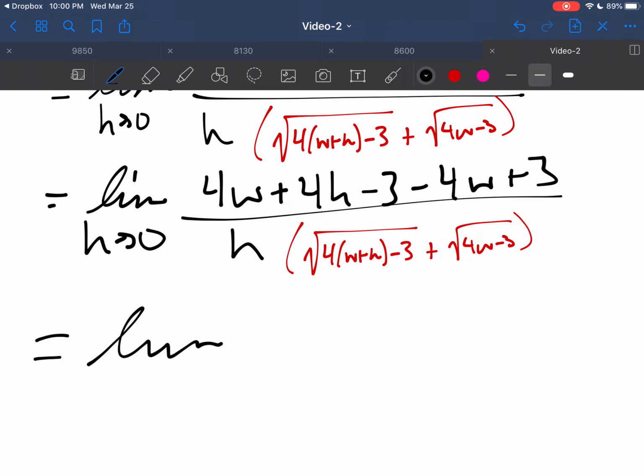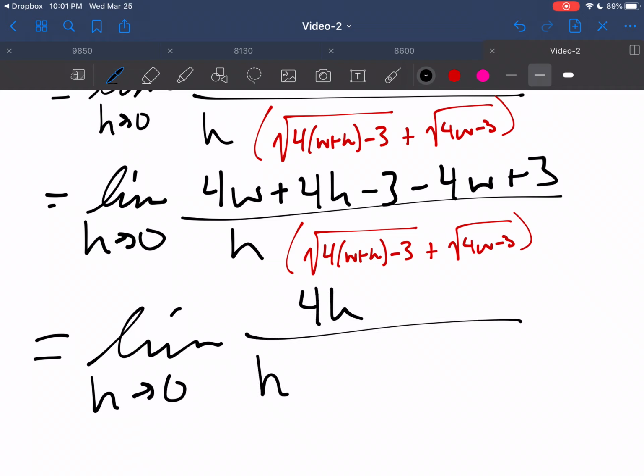We can cancel our terms in the numerator, and we get it down to 4h divided by h times our conjugate.